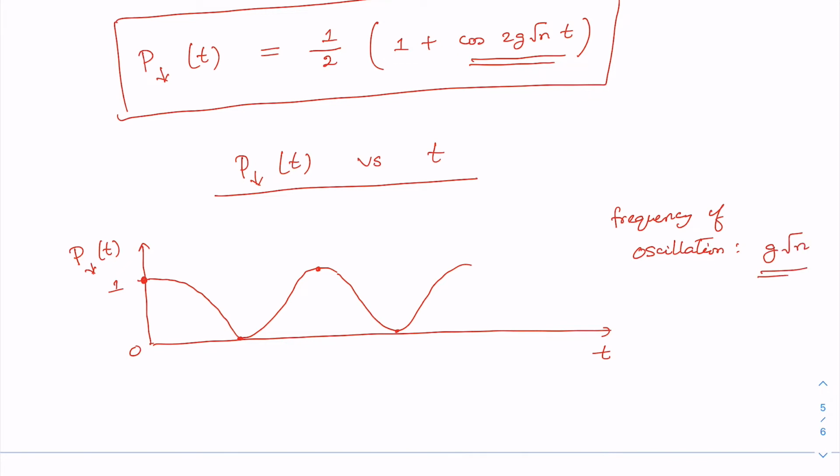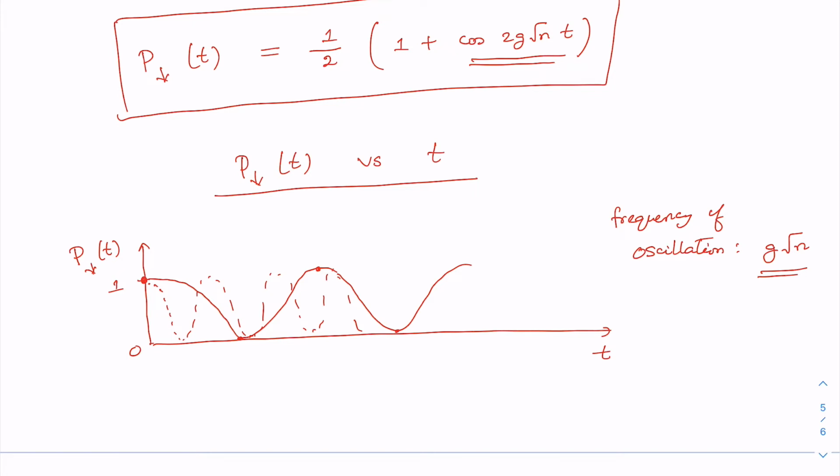Now clearly, as n, the number of photons in the field mode, gets larger, the oscillation will go faster. If n is very large, the oscillation will become very rapid.